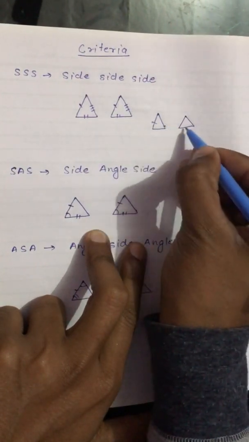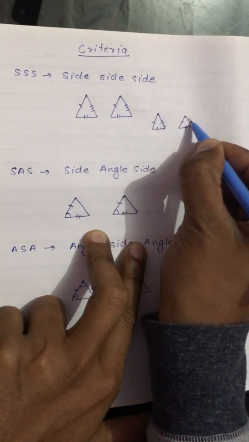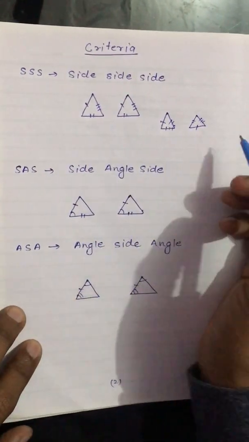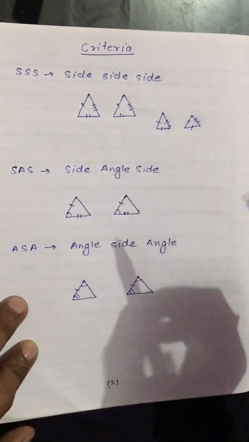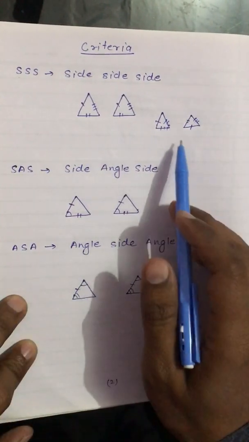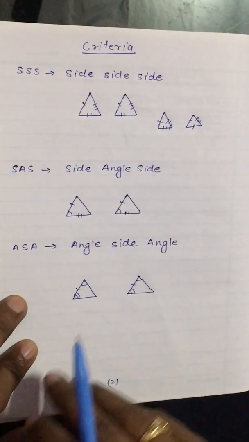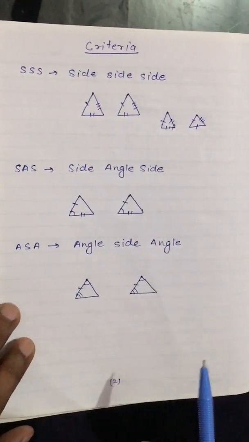Okay, this one equals to this one, and this one equals to this. Then this is also a congruent triangle, because the three corresponding sides of this one are equal. So these triangles are congruent because they are similar in shape and size.